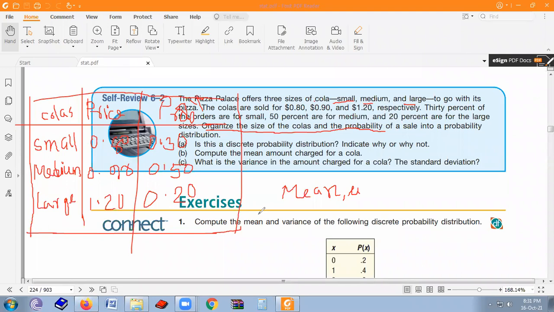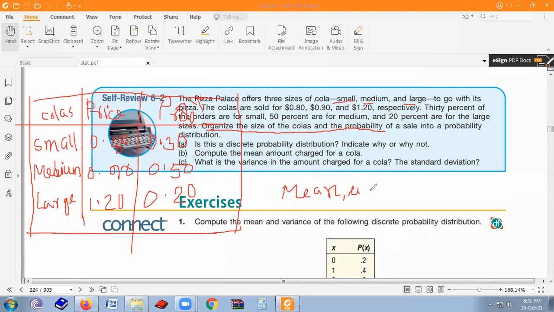That means small has a 30% chance of being ordered. And then 50% for medium. That means most of the people order medium. And the remaining 50% is small and large.